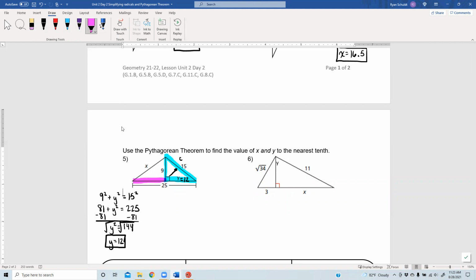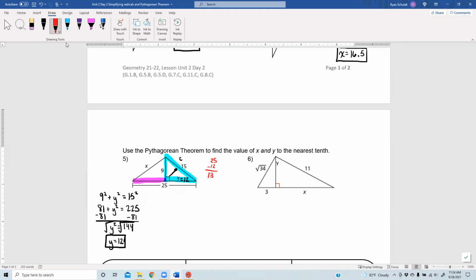Y is 12. How can I figure out what I have left? Well, 25 minus 12 gives you 13. So for this side, I'm going to have 13.